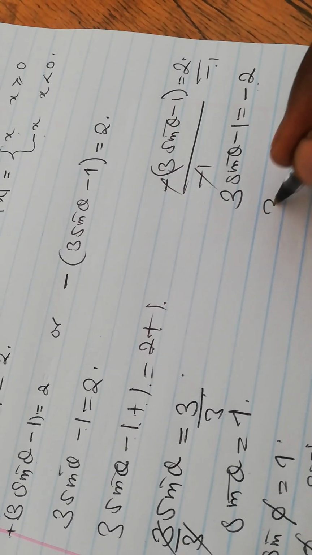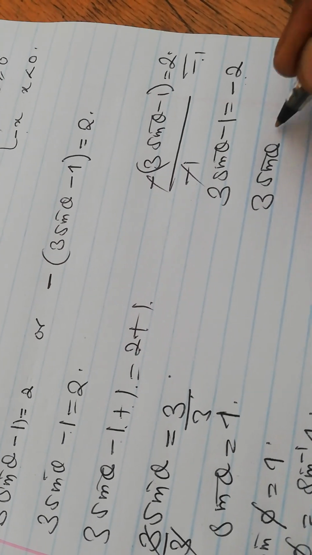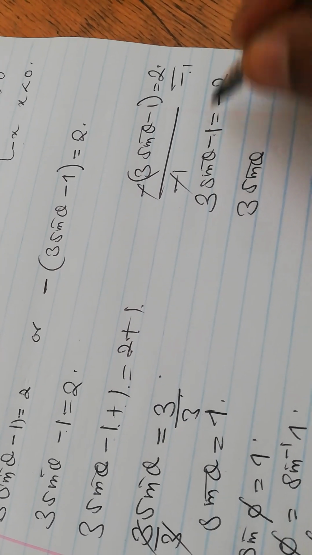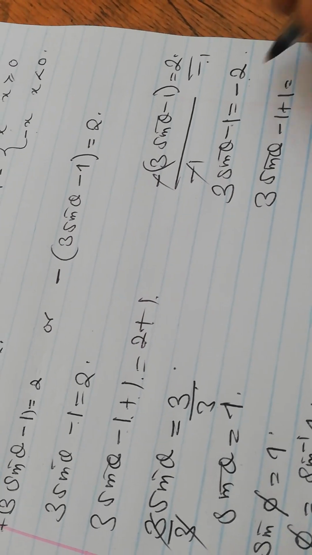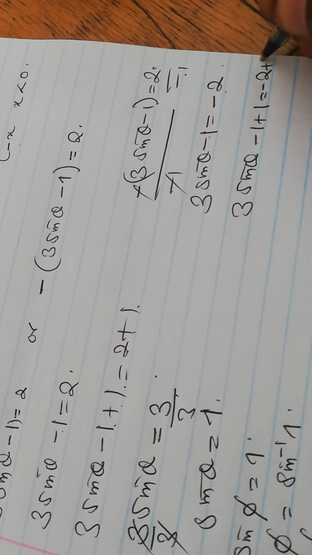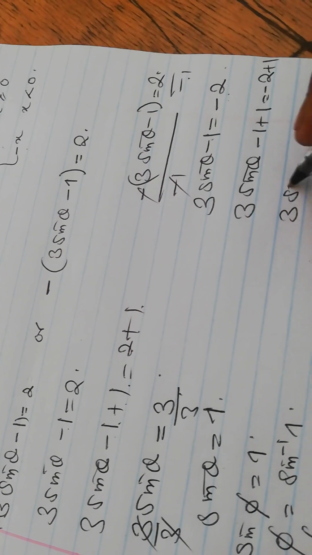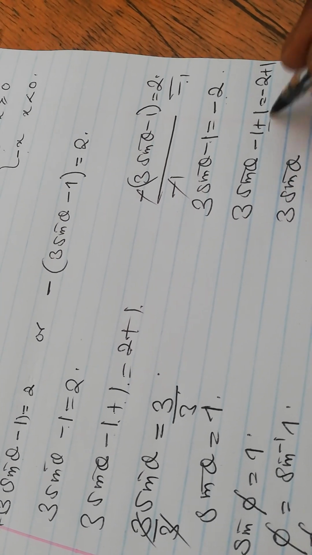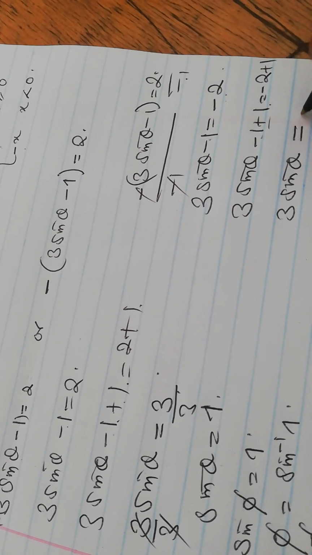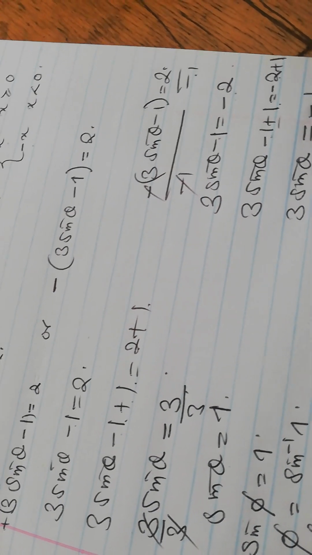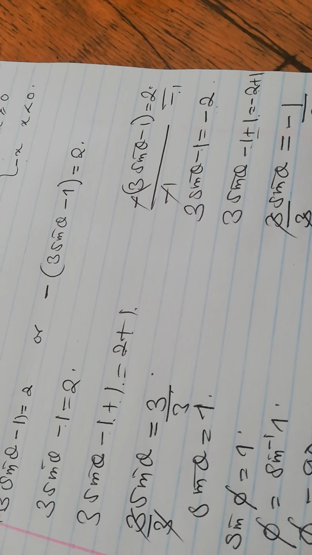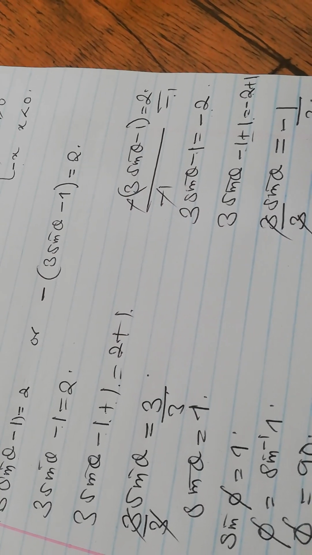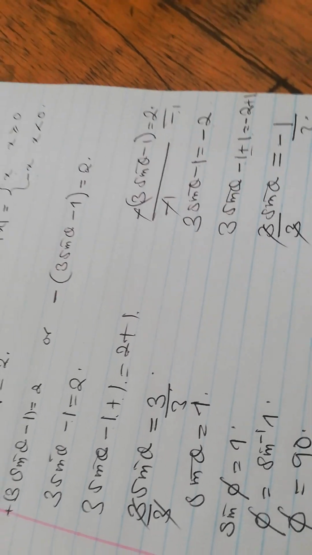Then when you take this negative 1 this side, or add positive 1 on both sides, you have 3 sine theta. This will be 0, giving us negative 2 plus 1 is negative 1. Divide by 3, divide by 3. Then you have sine theta giving us negative 1 over 3.